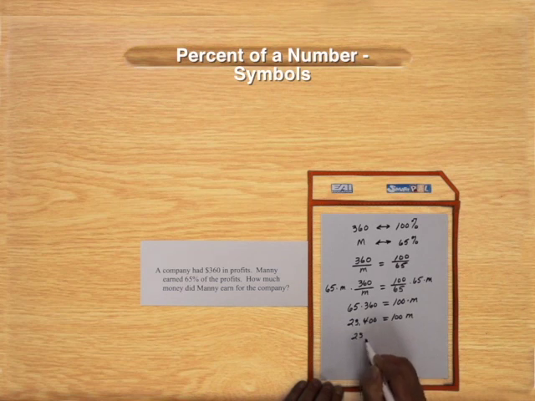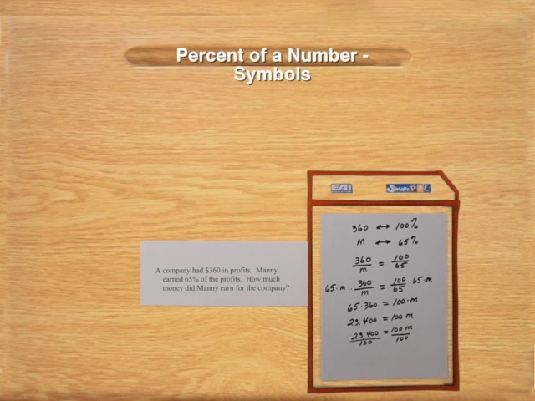So we have 23,400 on the left side, 100 M on the right side, and we divide both sides by 100. When we divide 23,400 by 100, we get 234. When we divide 100M by 100, we get M. So that means our M is 234.